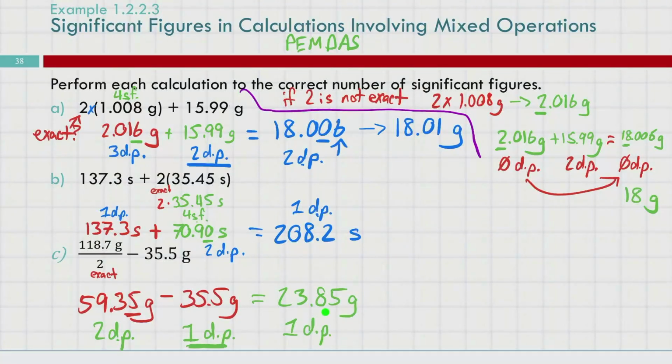So which of these four numbers is our last significant figure? 2, 3, 8, or 5? 8. 8 is our last significant figure. It's our first decimal place. We're going to look at the 5 to see how we round. 5 is 5 or greater. So we're going to round this up to 23.9.